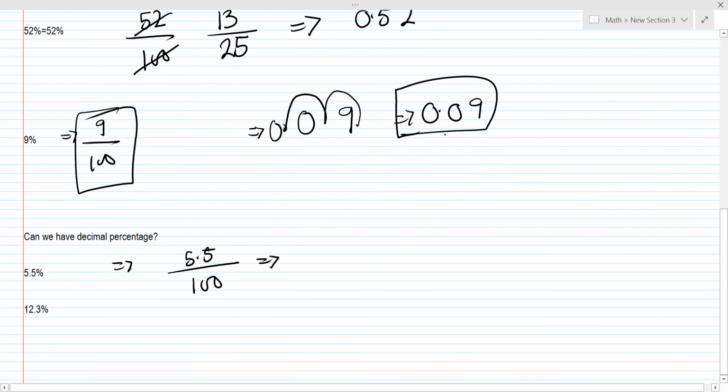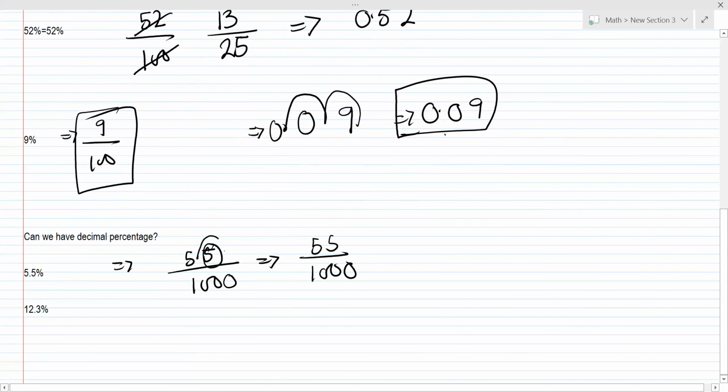So what you can do is make the top also a whole number. How many numbers are after the decimal? It's just one. So since there's just one number after the decimal, you just add an extra zero. So you have 55 over 1,000.